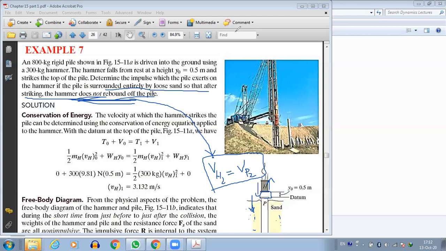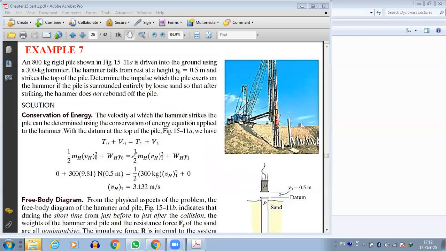The first thing is that we don't know the velocity of the hammer when it is about to strike the pile. So we're going to use the chapter 14 technique to find the velocity of the hammer just before striking the pile.